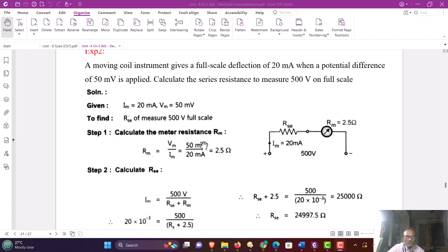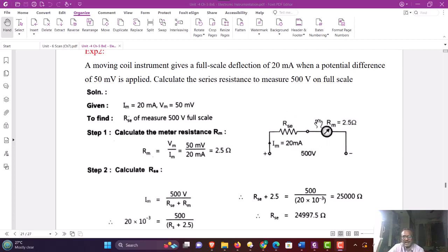So what is given to us? The meter full scale deflection current is given, that is 20 milliampere. And the full scale deflection voltage across the meter is given 50 millivolt. Let us see the equivalent configuration of voltmeter. One series resistance is there and the PMMC instrument is there.